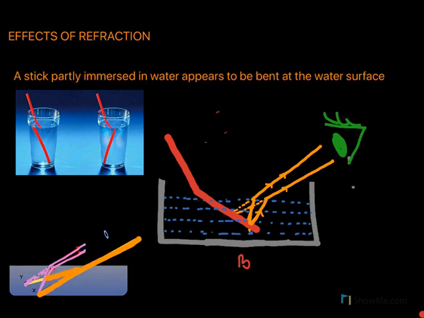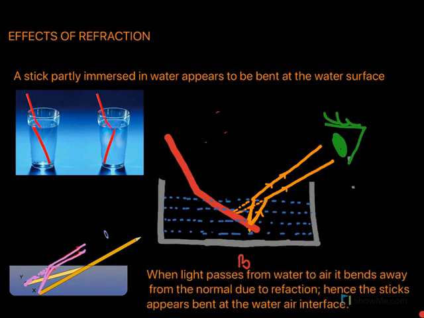It appears to be bent in this position. This is a clear diagram of why the pencil appears bent. So when light passes from water to air, it bends away from the normal due to refraction. Hence the stick appears bent at the water-air interface.